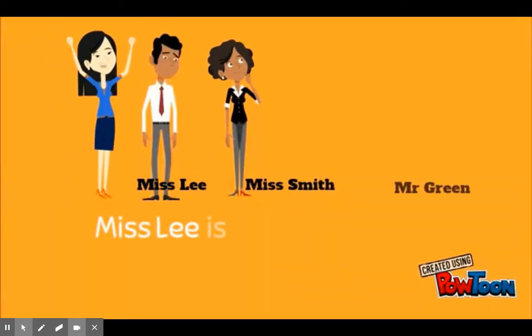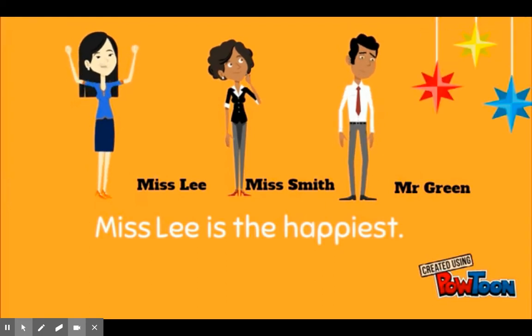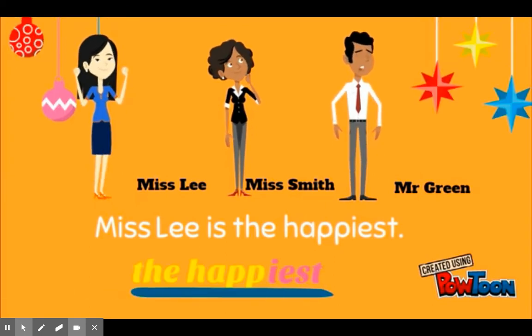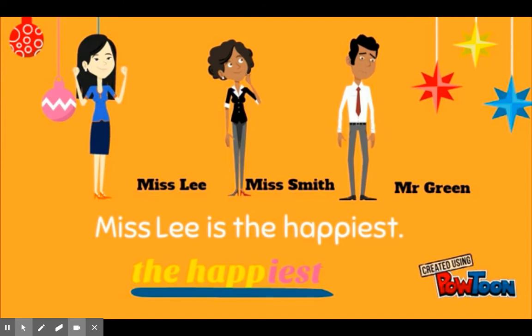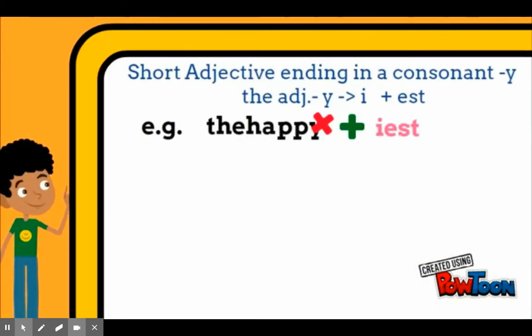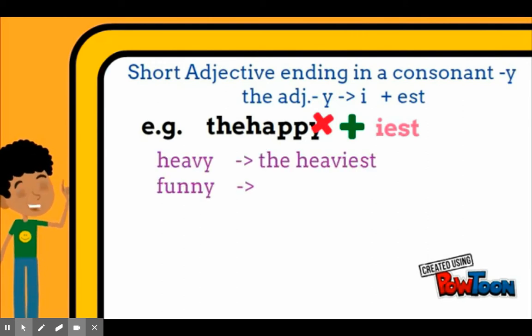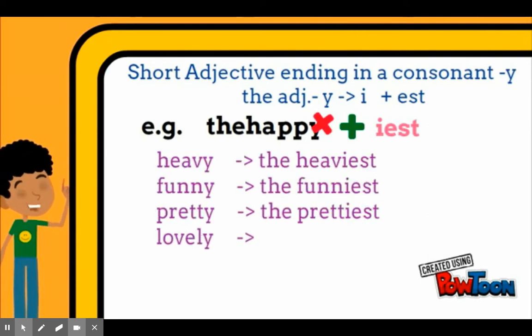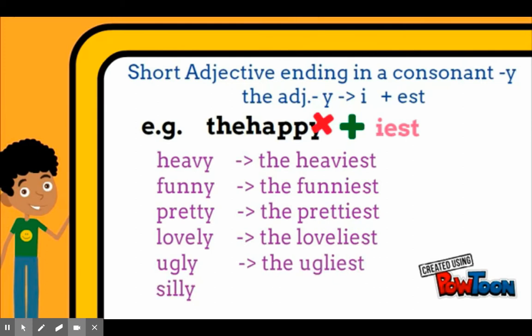Miss Lee, Miss Smith, and Mr. Green. Miss Lee is the happiest. For this rule, we take out that Y and we add IEST, such as in heavy, the heaviest.